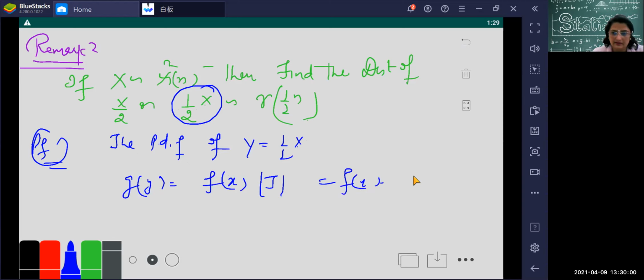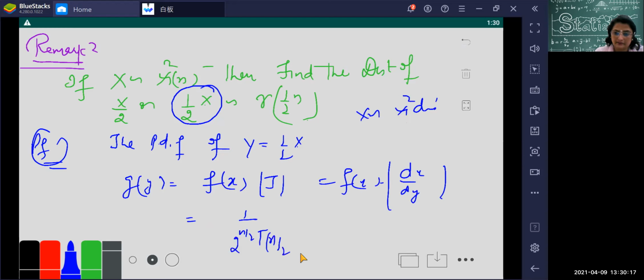Only one single variable is there, that is modulus of dx upon dy. f of x: x follows chi-square distribution, so f of x is 1 by 2 raised to power n by 2 gamma n by 2 into e raised to power minus x by 2 x raised to power n by 2 minus 1. And the Jacobian, the derivative dx by dy, comes out to be 2, with the limit 0 less than y less than infinity, right?